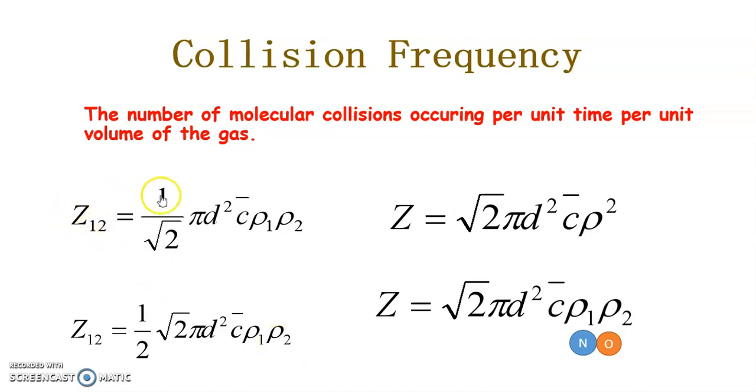Hence, the expression for collision frequency will be 1 by root 2 pi d square C bar rho 1 into rho 2. Z12 is the collision frequency between two types of molecules. If it is the same type of molecule, it will be 1 by root 2 pi d square C bar rho square, Z11.